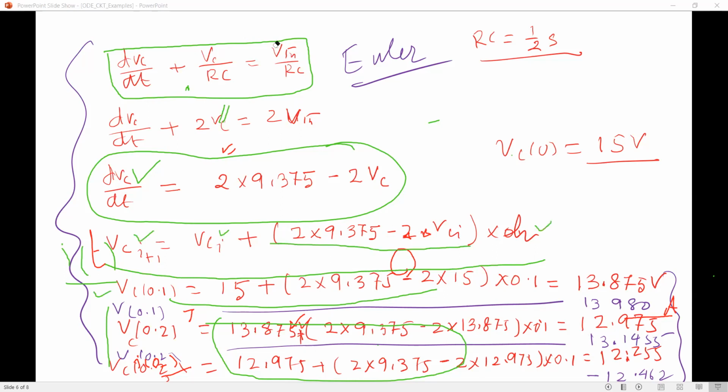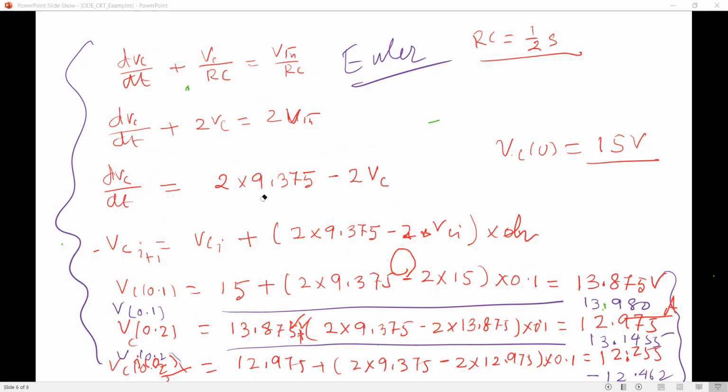In the case of your first example, no source was there. But in this example, you have your source already in your system, and eventually it will reach a steady state, and your capacitor will be fully charged with your Thevenin voltage VTH.